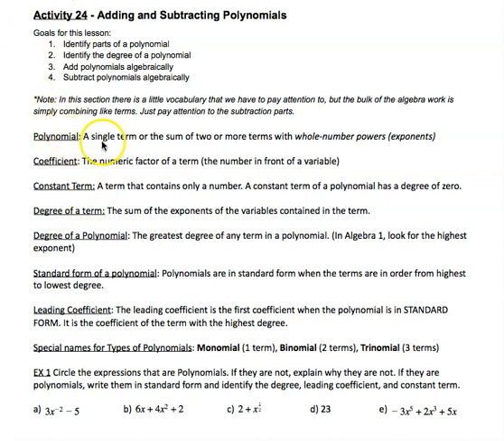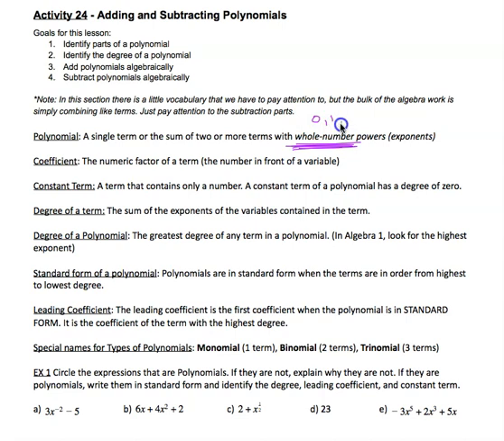So a polynomial is a single term or the sum of two or more terms with whole number powers, meaning all the exponents have to be whole numbers. Remember, whole numbers start at 0.